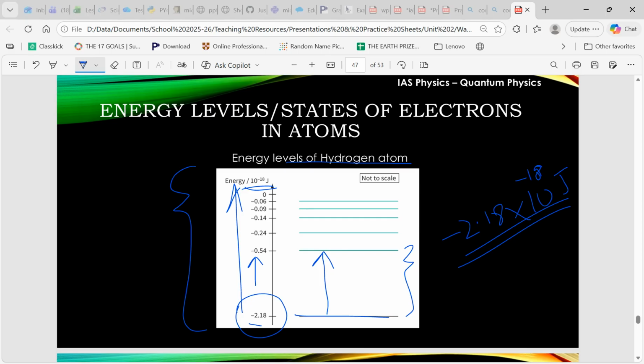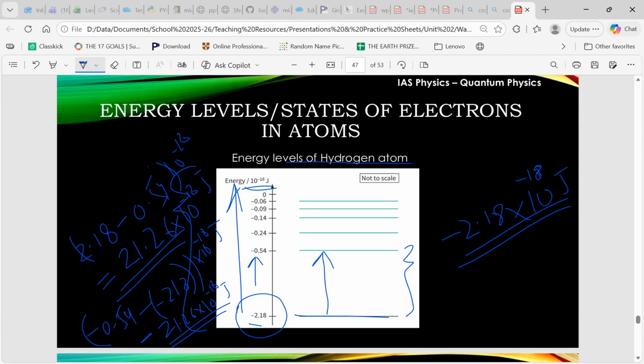So I need to find out the difference between the two energy levels. How will I find that out? Just take the difference between the two numeric values, which means 2.18 minus 0.54, and I will get an answer of 1.64, and we also have the 10 to the power minus 18 with every value. So this much amount of joules are needed.